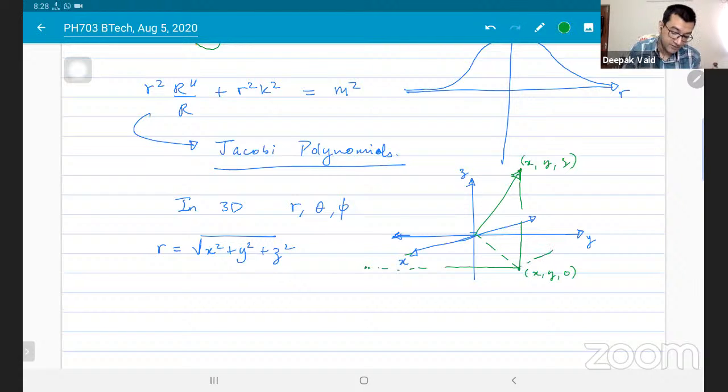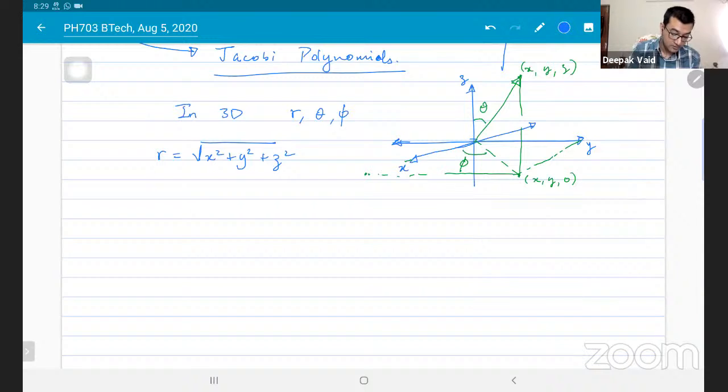And then this will intersect the y-axis somewhere over here, right? Now, theta is this angle. So it's the angle the vector makes from the z-axis. And phi is this angle. Phi is the angle the vector makes with respect to rotations around the z-axis.